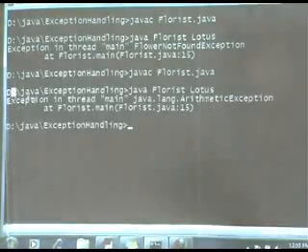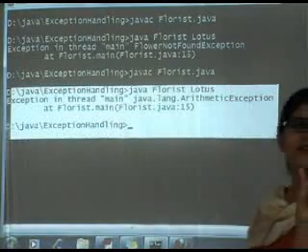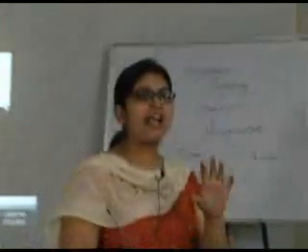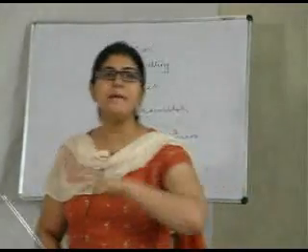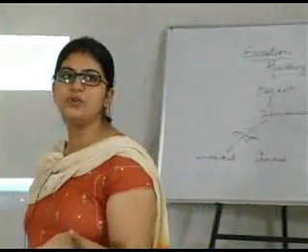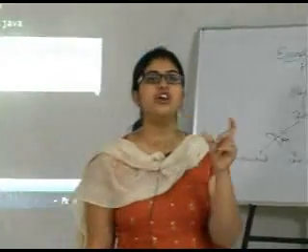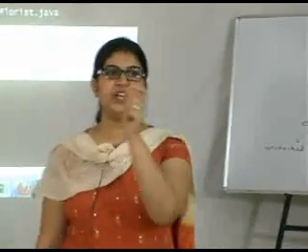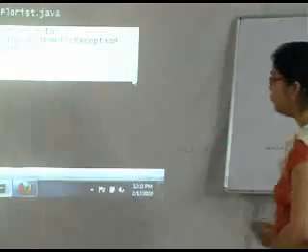Whenever any user defined condition is not satisfied and you want to notify the user by throwing an exception towards the user, then you are going to use your throw keyword. Or if you just want to throw an exception, you can use your throw keyword anywhere you want.